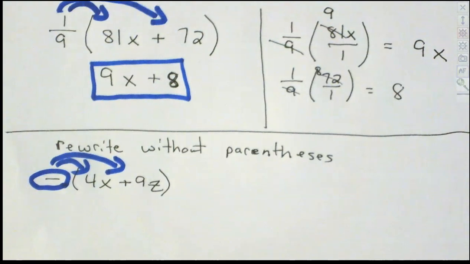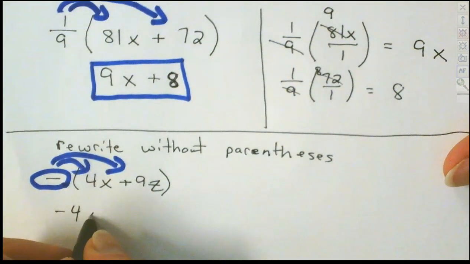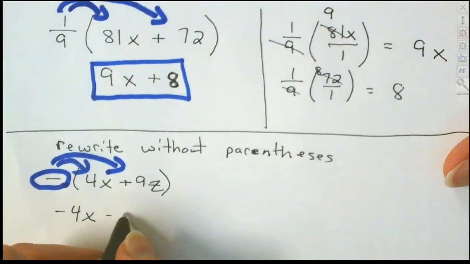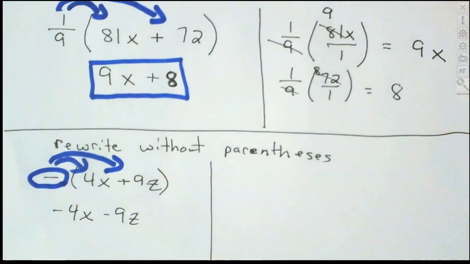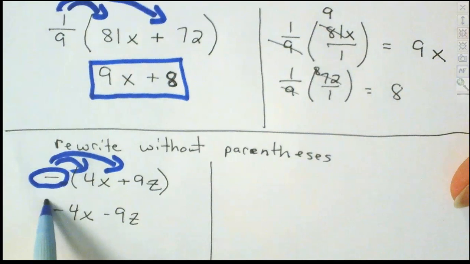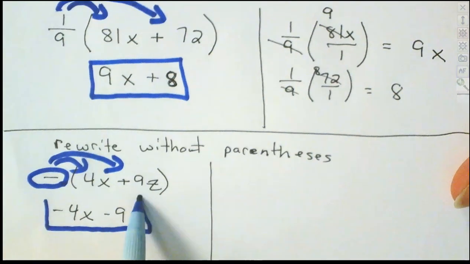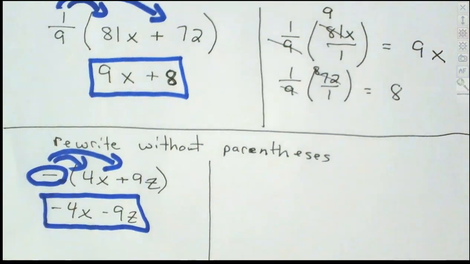So that negative out in front changes the signs, and so that becomes then a minus 4x and a minus 9z. So all I did was I just distributed that negative through. Let's do one more. And then I believe that should then finish up this section. So let's do one more.